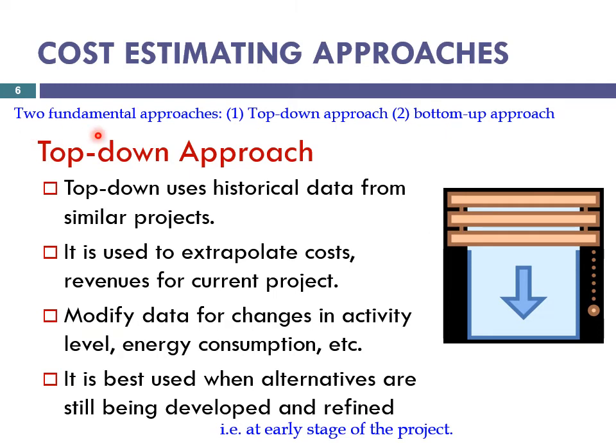There are two fundamental approaches in cost estimating. The first one is the top-down approach, and the second one is the bottom-up approach. Okay, the names actually imply what these are.